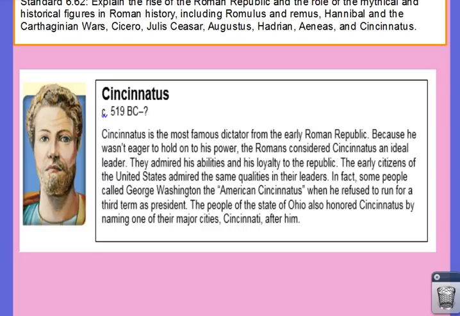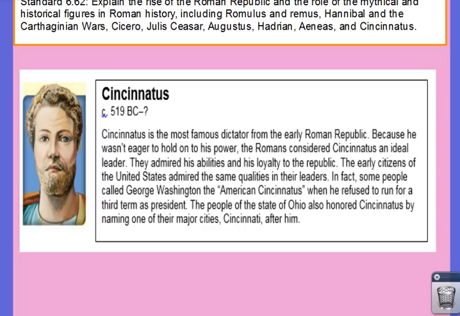So a crisis would be if an enemy came in and threatened you with war, or you were attacked by an enemy. So you would want a very strong leader or a dictator to take over. Well, during Cincinnatus' time, a crisis did happen: a powerful enemy of Rome threatened to destroy the Roman army.